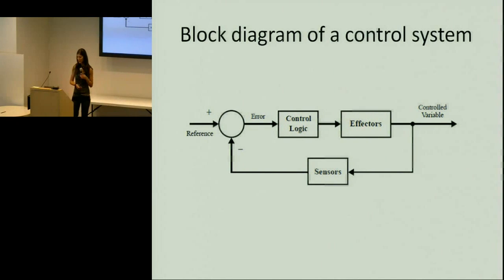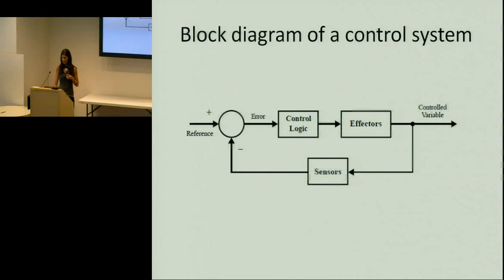So I just want to give you a sense, this is a standard control system diagram where there's control logic, there's sensors, there's effectors, there's a control variable. All of these things exist in the body. The heart senses what local demands are, adjusts accordingly, and so on.